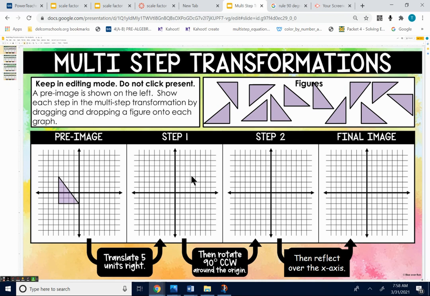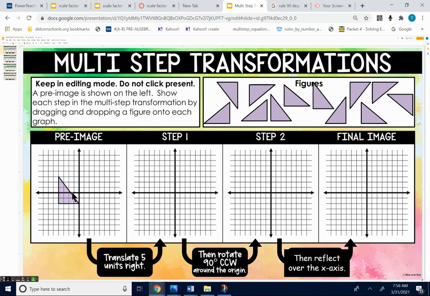Then we're going to rotate that 90 degrees counterclockwise and show where we end up. And then the third thing we're going to do is reflect that across the x-axis and put it over here. Easier on paper, but I think we'll be okay with this activity. Let's just go through this.